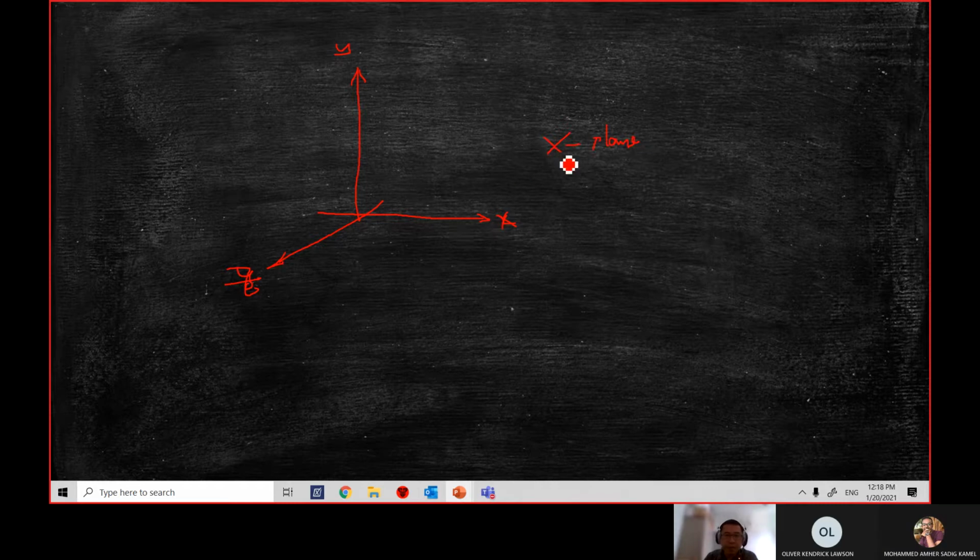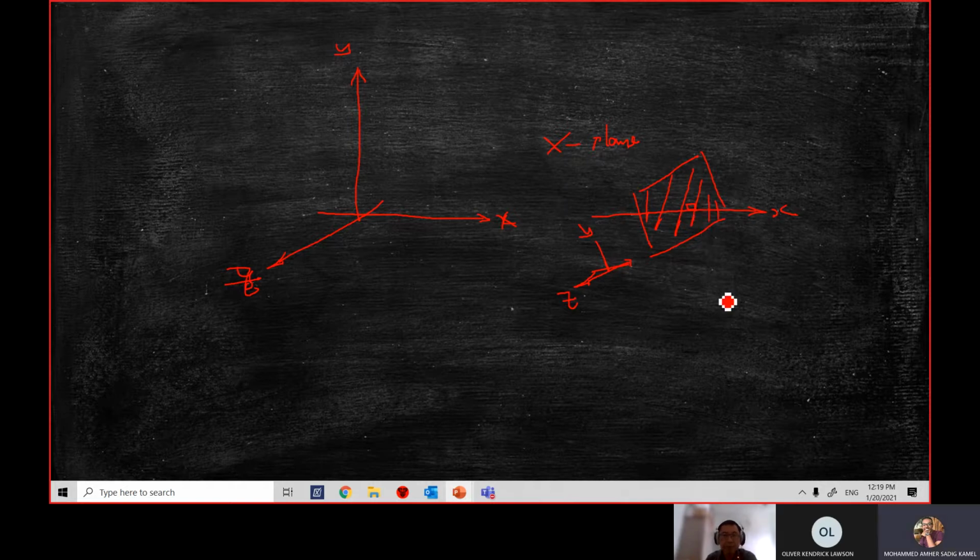It means that if you're looking at the x-axis only, there will be a plane. Maybe I draw a direction here so that you can see. This plane consists of Z and Y. It's a 2D plane like a paper, cut through the x-axis, at a 90-degree angle to it.